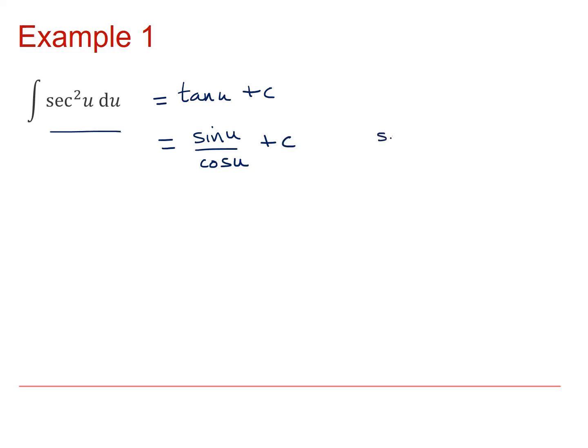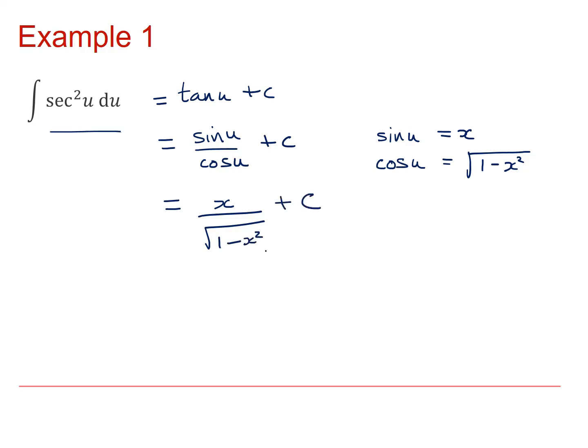But I already know from my substitution that sine u is equal to x, and so cos u is equal to the square root of 1 minus x squared. Remember, cos u is root 1 minus sine squared. So I can plug those back in to give me my integral in terms of x plus c.